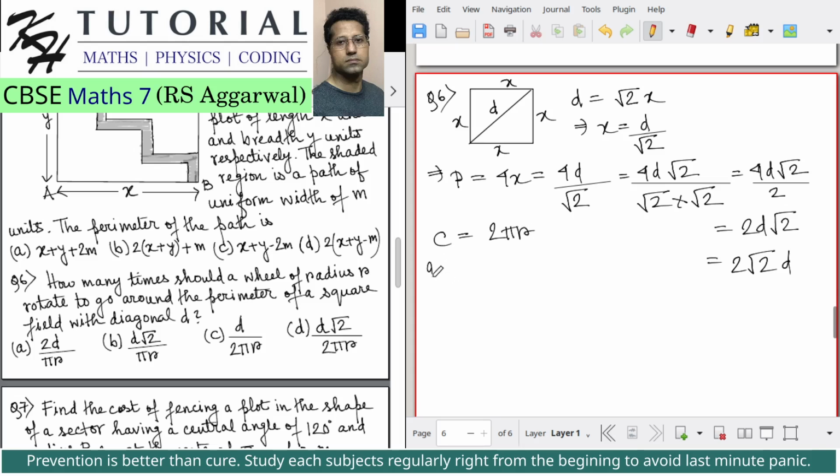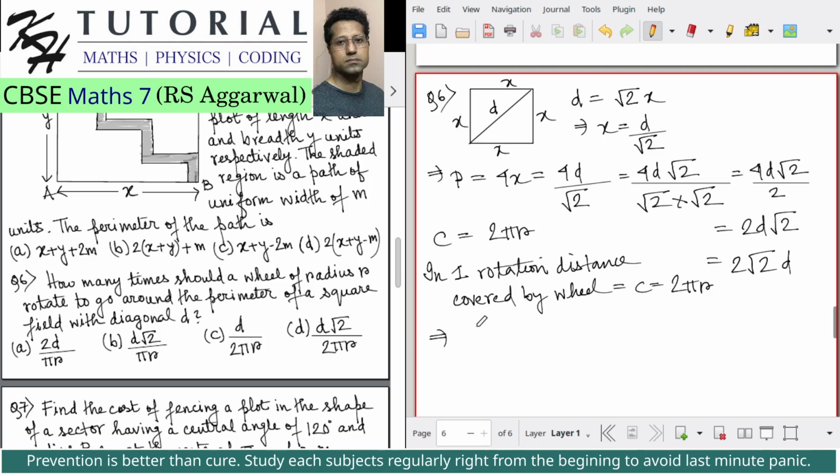We know that in one rotation, the distance covered by the wheel is equal to the circumference, c is equal to 2 pi r.